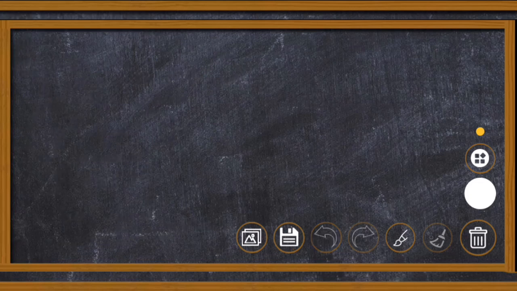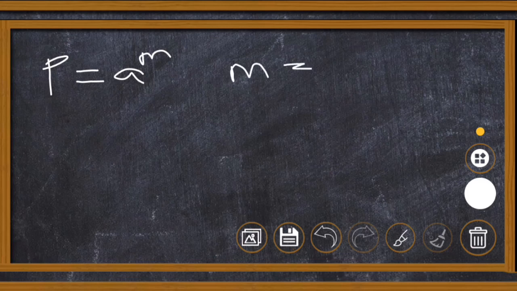So let's look at a few rules that we follow whenever we are answering some of the questions. By now we know that if you have an exponential function in the form p equals a to the power m, this in logarithm form is m equals log base a of p.